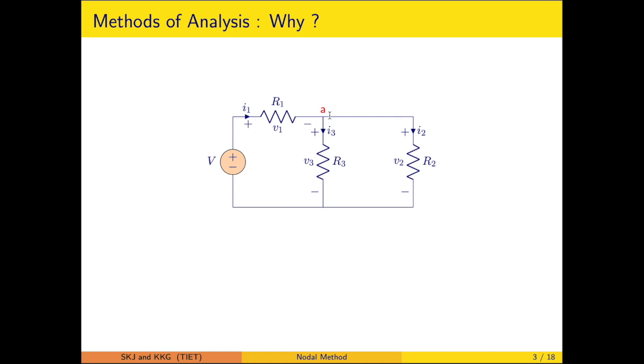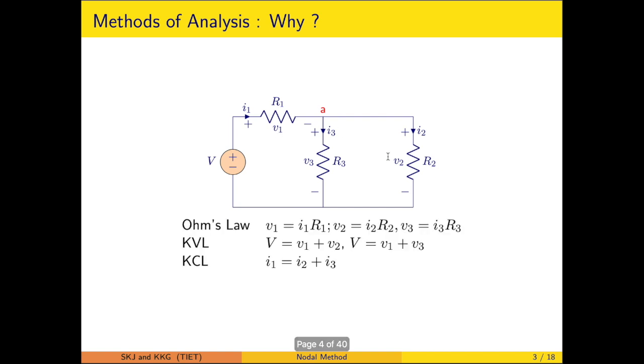We also have two KVL relations. One pertains to this particular closed path, which is V is equal to V1 plus V3. Another you can frame is V2 is equal to V3 because they are connected in parallel, or you can have the KVL relation V is equal to V1 plus V2.